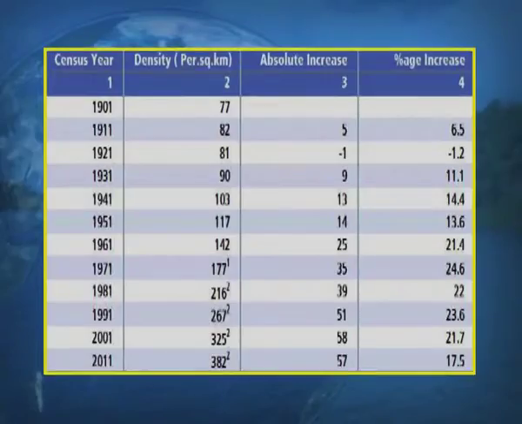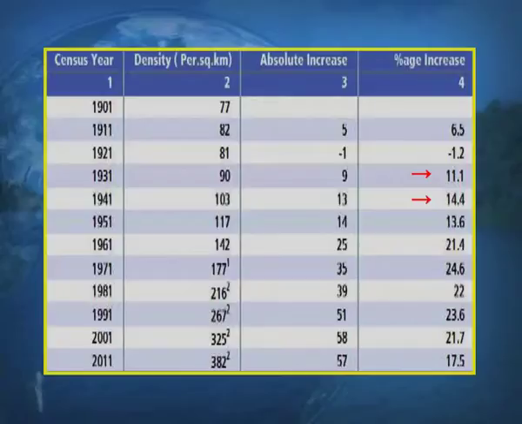But after that, there had never been a fall in the increase in the population. 11.1 in 1931, 14.4 in 1941, and if you just look up at the screens, you can have a view of the percentage increase in the population.